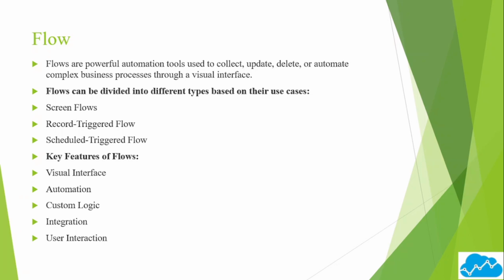Record triggered flow runs when a record is created or updated, similar to how a trigger functions in Apex. It is ideal for automating processes that depend on specific record changes, like updating related records or performing validation; then we are going to use a record triggered flow. Scheduled triggered flow runs automatically at scheduled intervals, perfect for time-based actions.